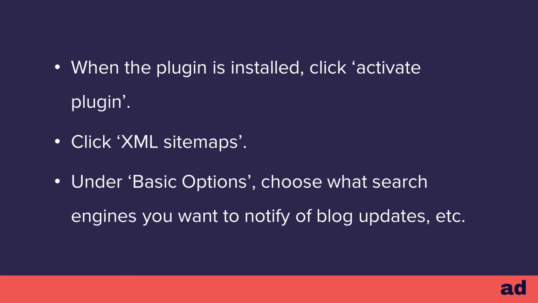Once WordPress has finished installing the plugin, click Activate Plugin. The next step is to configure it so that you let search engines know what you want indexed. Go to Settings and click XML Sitemaps. Then, under Basic Options, choose which search engines you want to notify of updates being made to your site.